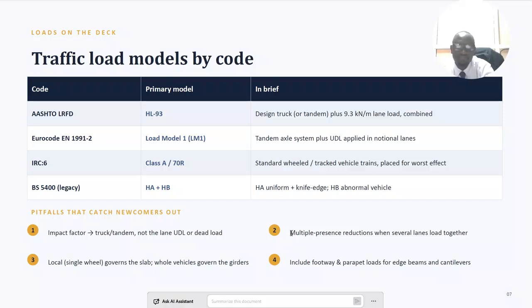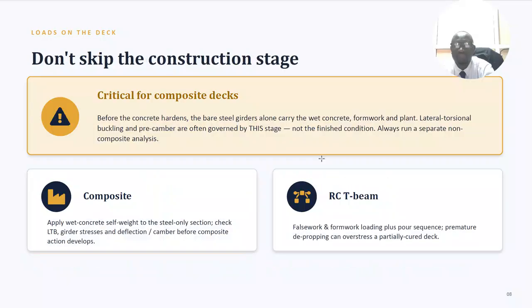When you are reading, you're going to see it there. Then the local single wheel governs the slab, while whole vehicles govern the girders. Include footway and parapet load for edge beams and cantilevers. Read everything. That's why we talk about raised walkways, and the services along the raised walkways and the parapets. Those are the loads that come at the edge of the slab.